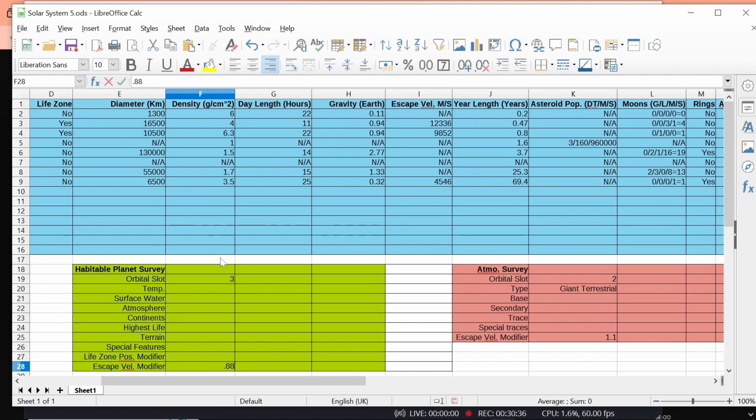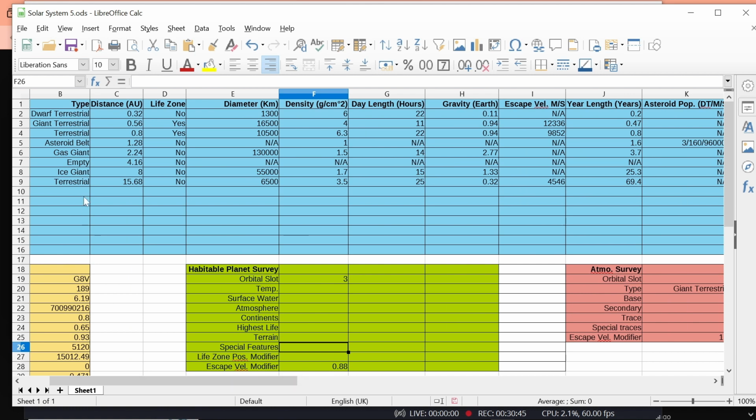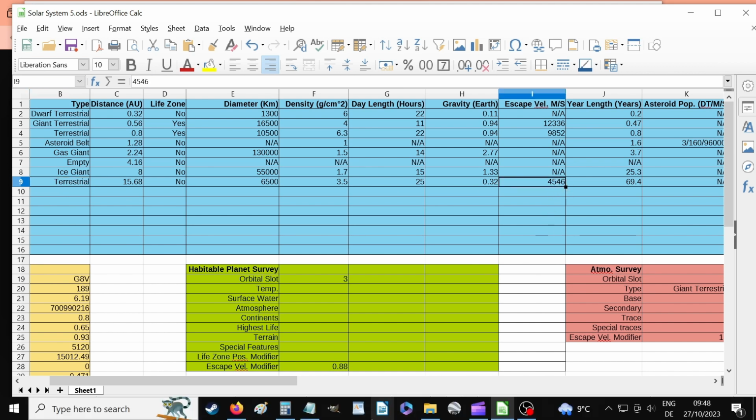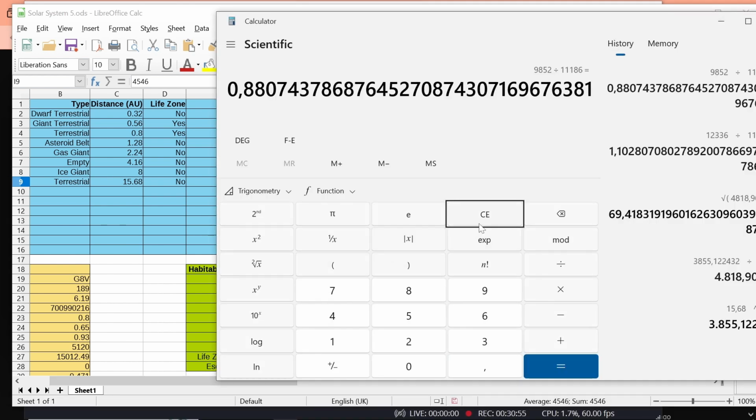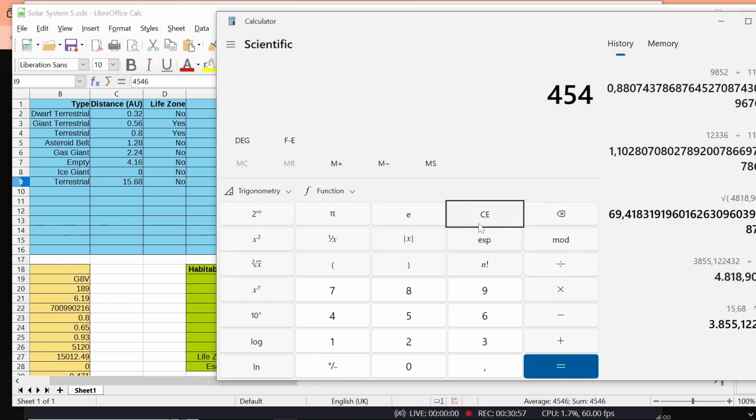I'll put 0.88. That's fine. All right, the only other one that might have an atmosphere for us to worry about is going to be this terrestrial down here, who has an escape velocity of 4546. So we simply take 4546 divided by 11186.